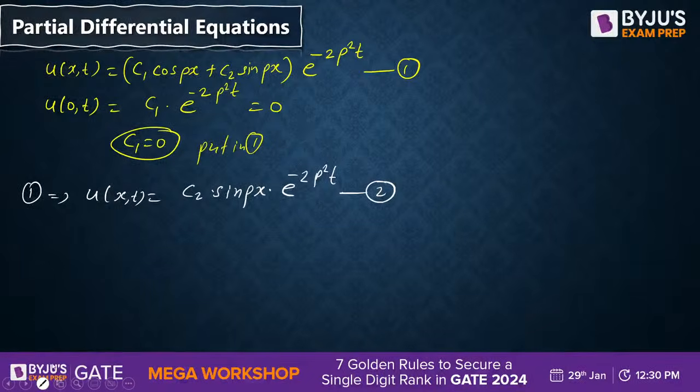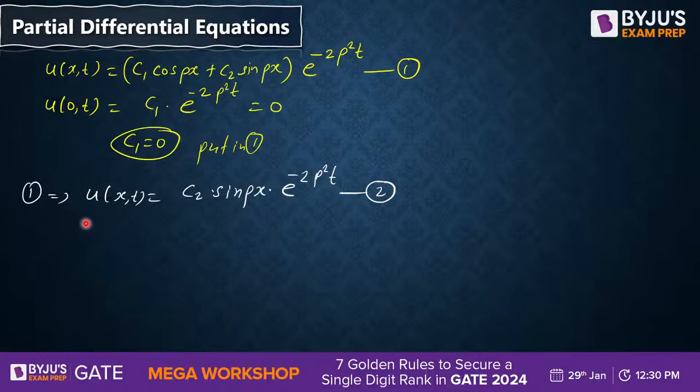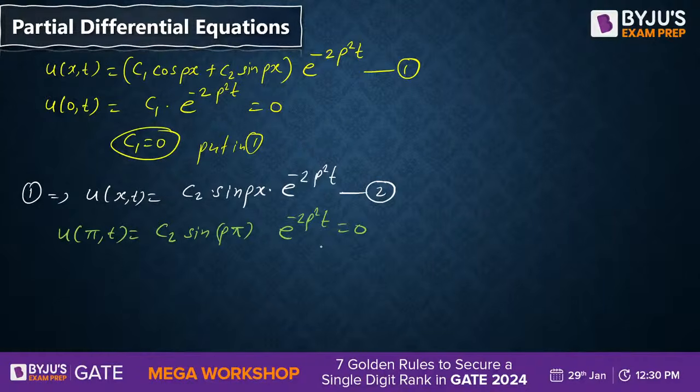Now I am again putting one more condition. See here. U of pi comma t is 0. So put x equal to pi. C2 sin p pi e to the power minus 2 p square t equal to 0. Now see, C2 cannot be 0, exponential cannot be 0, otherwise the entire solution will become 0.